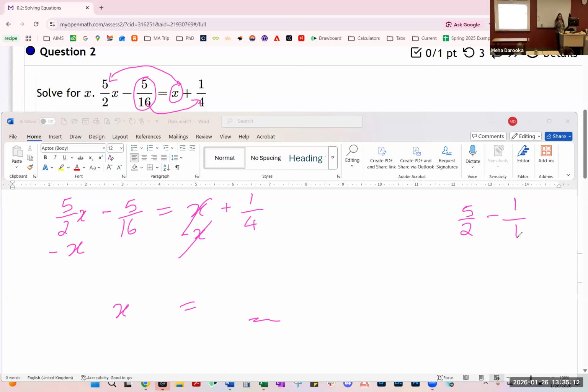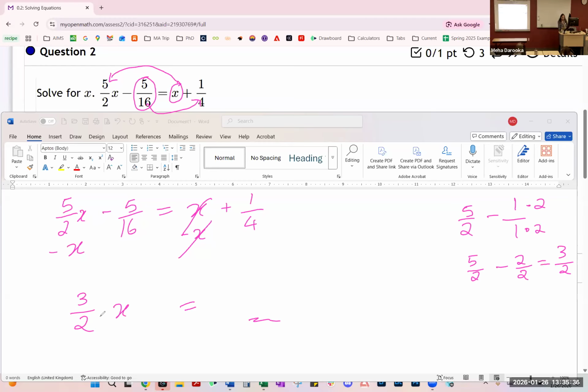Now again, if you're using a calculator, it will probably do the math for you, but otherwise you're finding a common denominator, and that would give you 5/2 minus basically 2/2. Once you have that common denominator, then you can do 5 minus 2, which would give you the 3. So that's how you end up with the 3/2 x on the left-hand side.